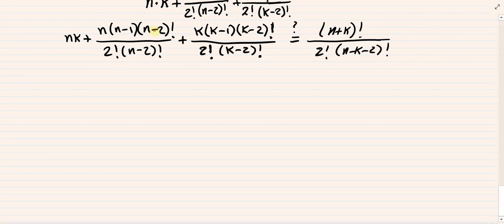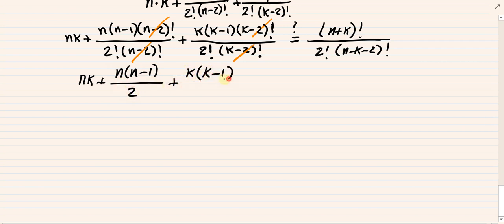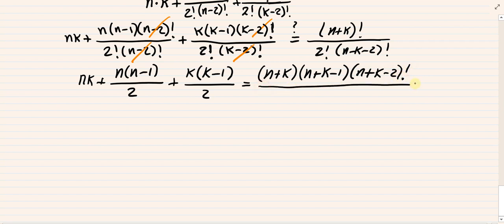Okay, now let's cross some things out here. Those cross out, these cross out. So what do we have left over? We have nk plus n(n minus 1) over 2 plus k(k minus 1) over 2 equals. Now n plus k factorial, I'm going to write that as n plus k, then n plus k minus 1, n plus k minus 2 factorial, divided by 2, and then n plus k minus 2 factorial.